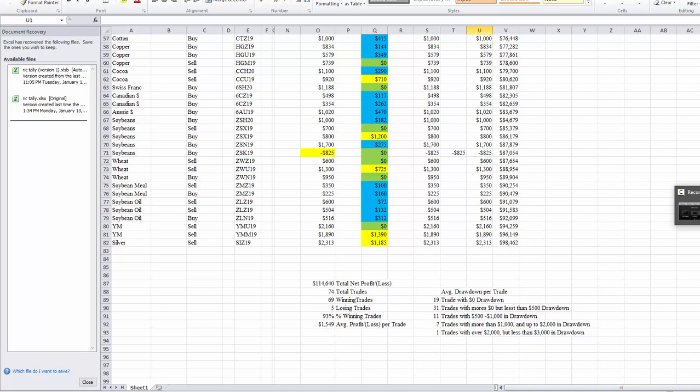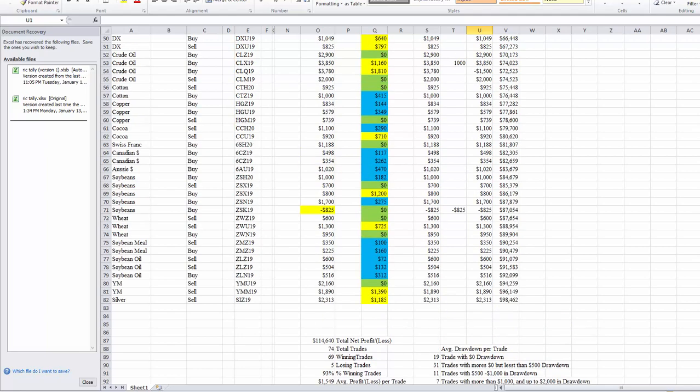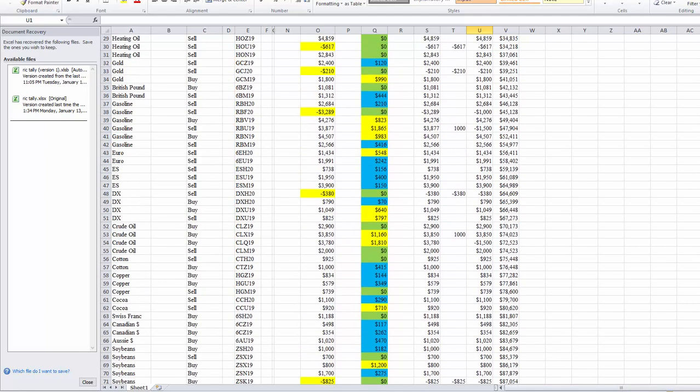What he found in his study was a total of 74 trades. Out of those 74 trades, I had him look at the win, the loss, and the drawdown.